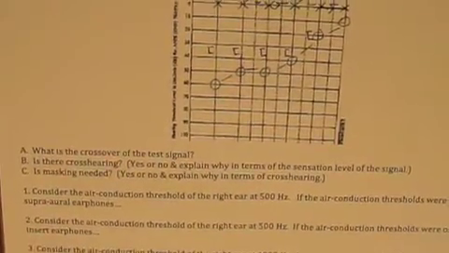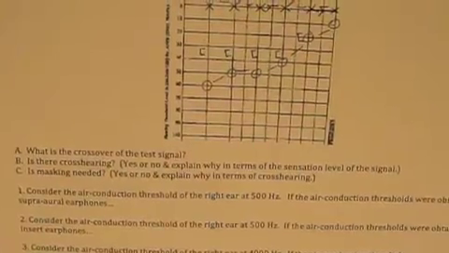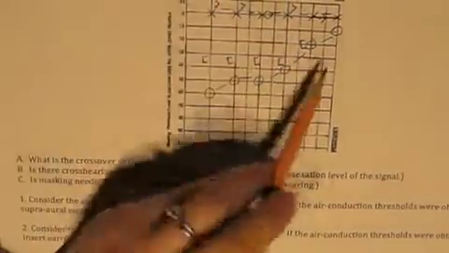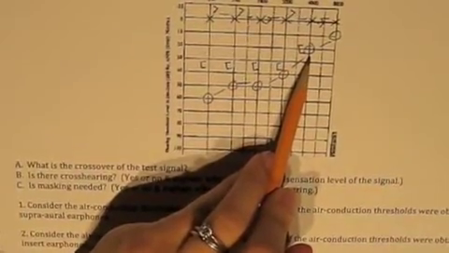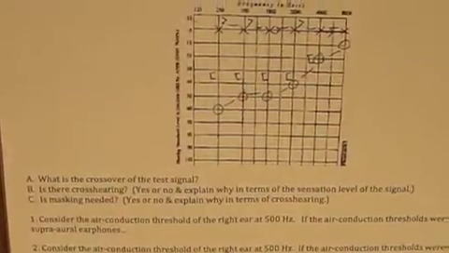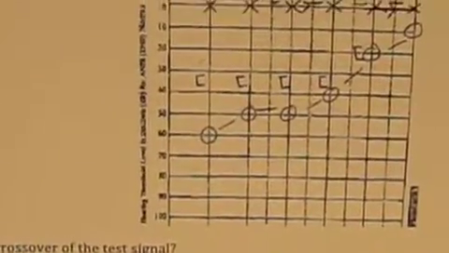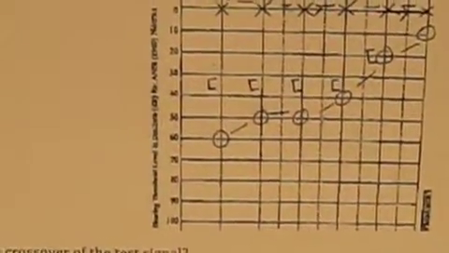Now let's look at the air conduction threshold of the right ear at 4,000 Hertz. That's 20 dBHL. If we go up to 4,000 Hertz, we see it takes the level of the signal to be 20 dBHL in order for it to be detected at least 50% of the time. What is the crossover of the test signal?